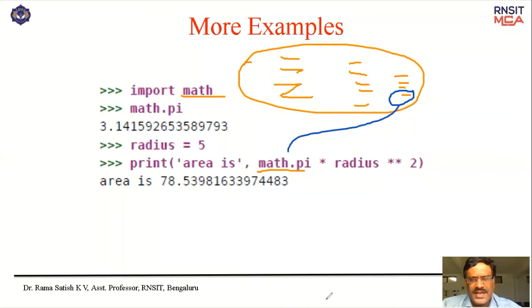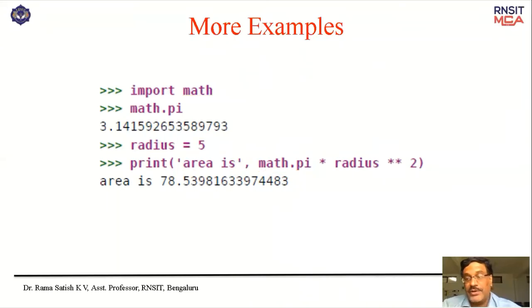So is there any solution? Yes. In Java, what will you do? import java.io.*, or import java.io with a particular class name you give. It means only that particular component is imported, not everything.